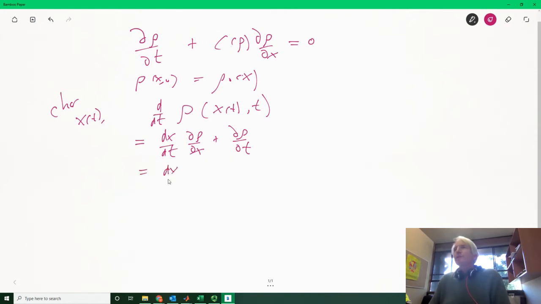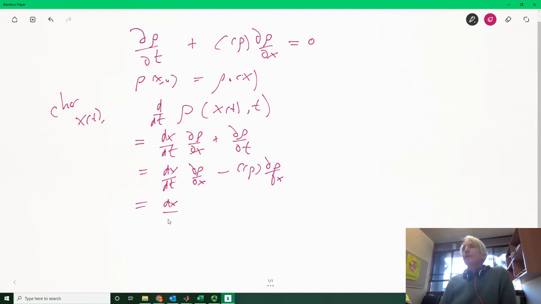So we get dx dt times d rho dx minus c of rho d rho dx, which equals dx dt minus c of rho times d rho dx. So we still haven't determined what c of rho is.